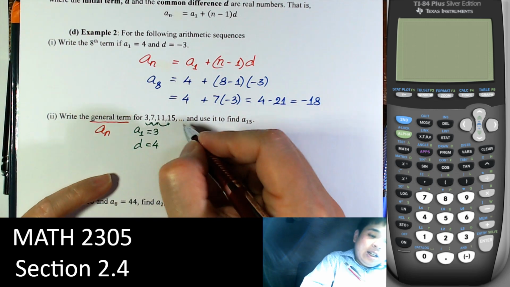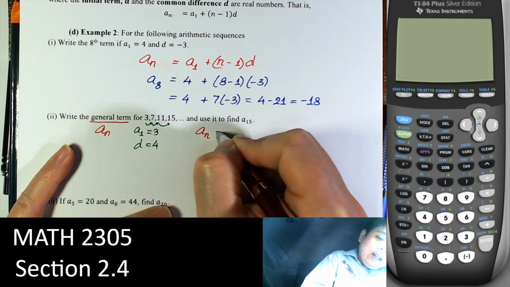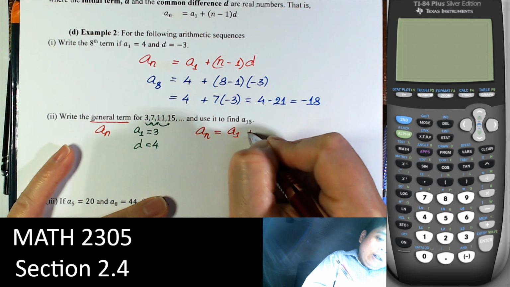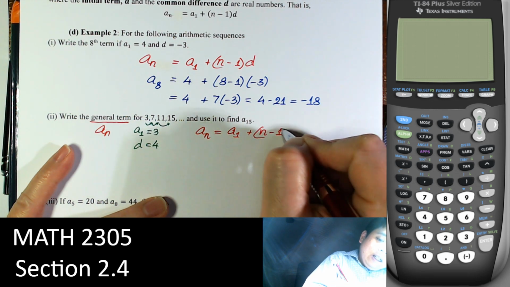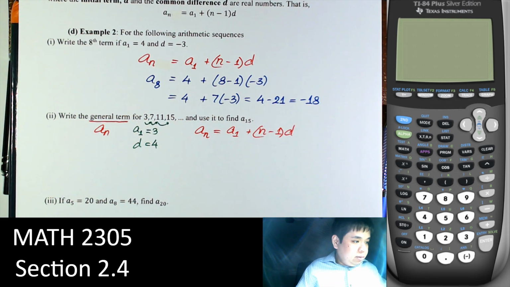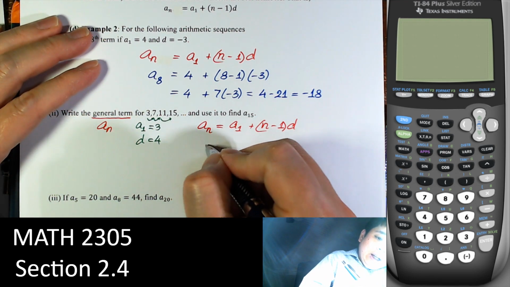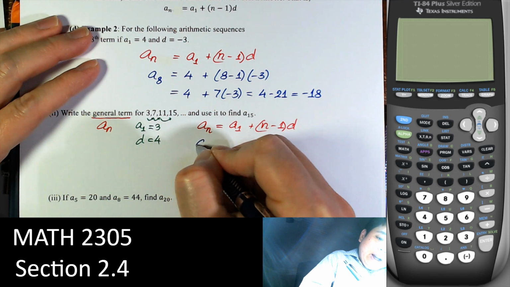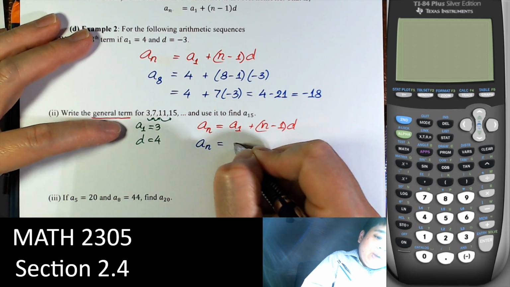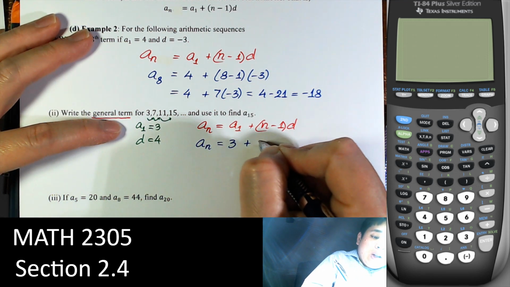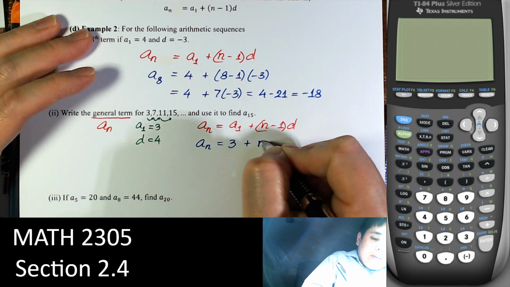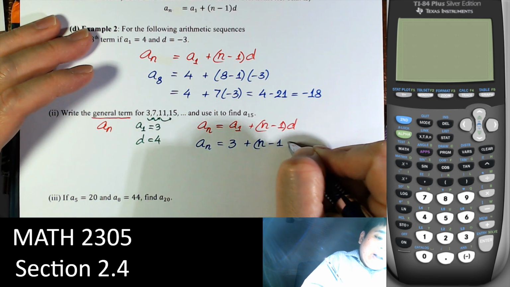So with that, we can say a sub n equal to a sub 1 plus n minus 1 times d. And then we have a sub n, the first term is 3, n minus 1, common difference of 4.